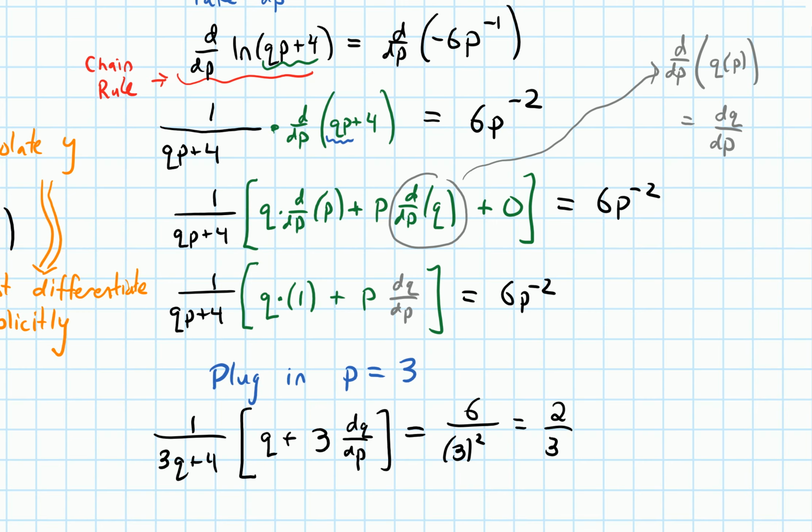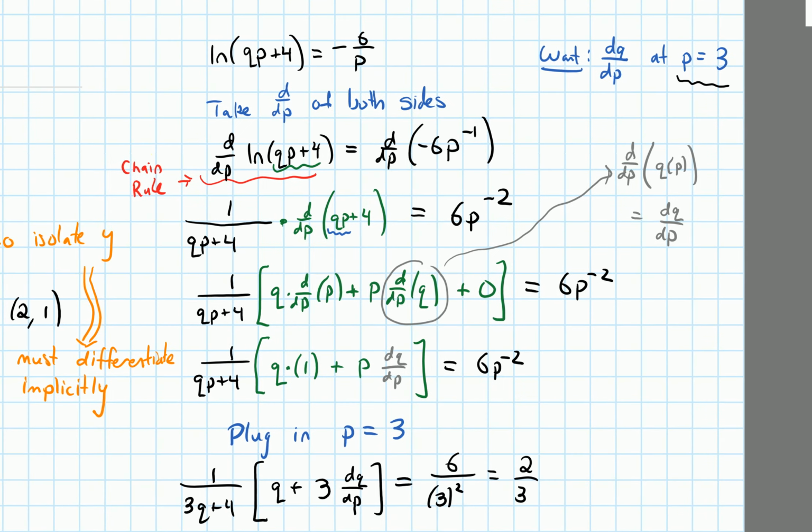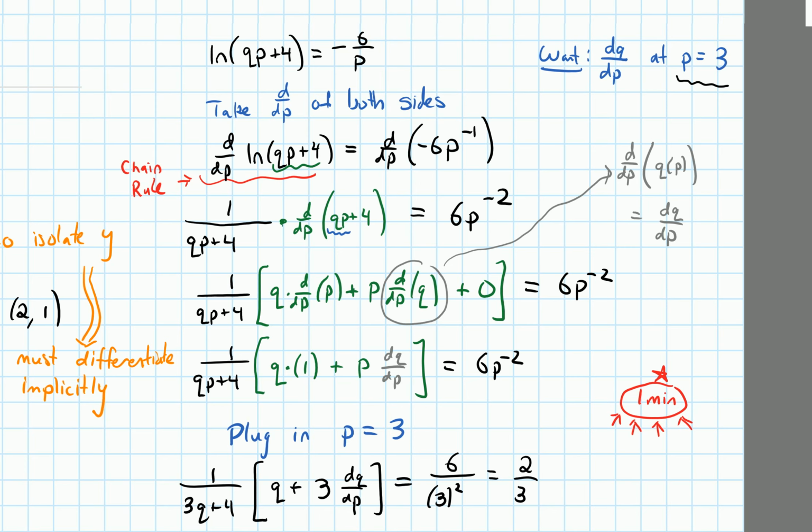So we need to figure it out. Okay, so pause the video one more time for about 1 minute and think about, how do we figure out what the value of q would be at the point when p is 3? 4, 3, 2, 1, pause the video.